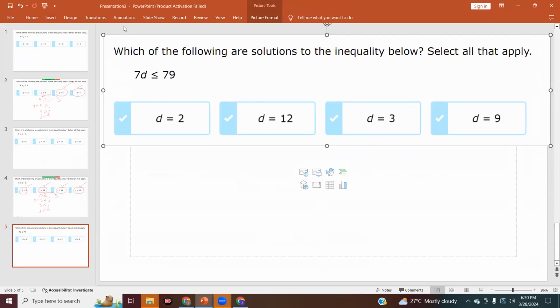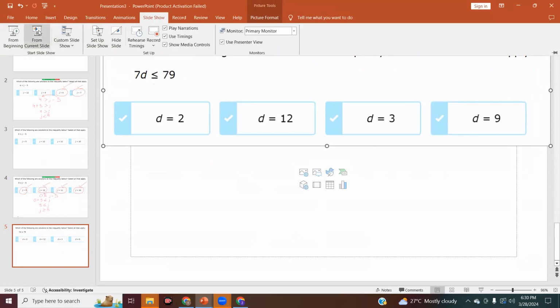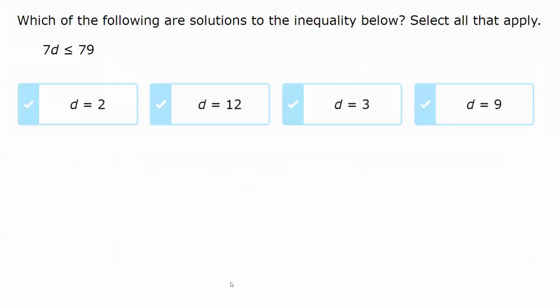All right, this one is sort of different. So we have 7D is going to be less than or equal to 79.